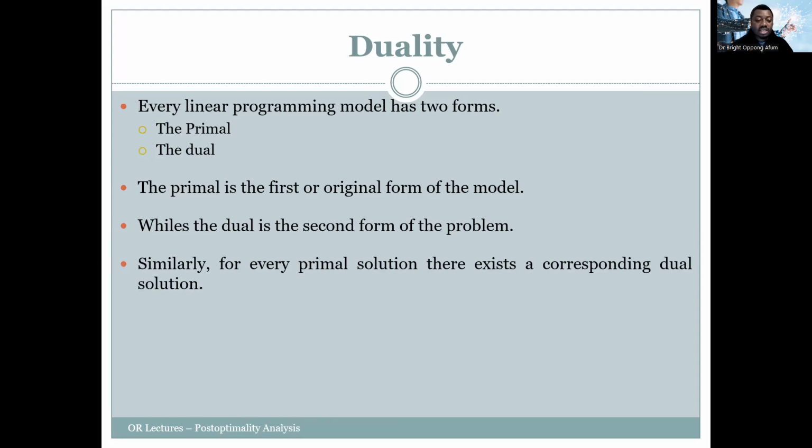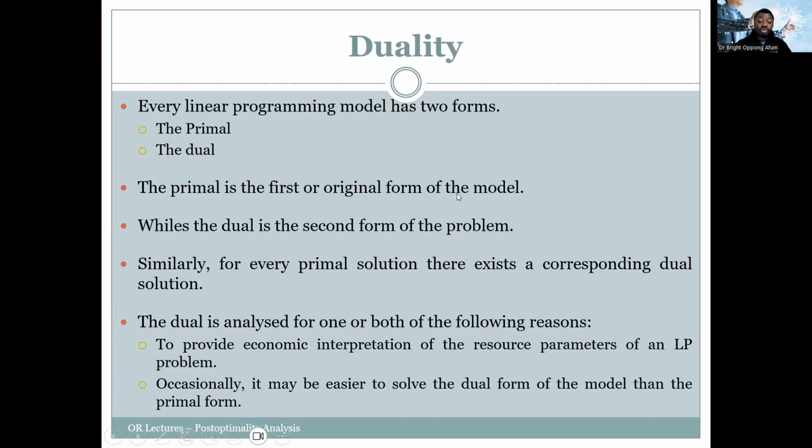What we say is that for every primal solution, there exists a corresponding dual solution. So we can always create a second form of the problem and also solve it. And that's also referred to as the dual solution. And when that is done, we analyze the dual for one or both of the following reasons.